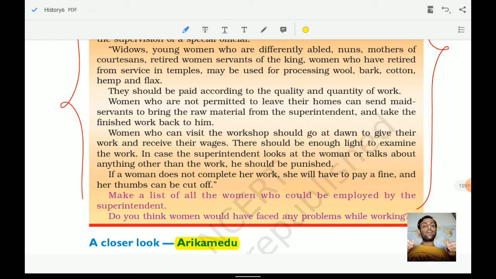Then there were rules for punishment as well, right? Today also we see that these rules exist in offices and different workplaces. So these types of rules were also there, right?